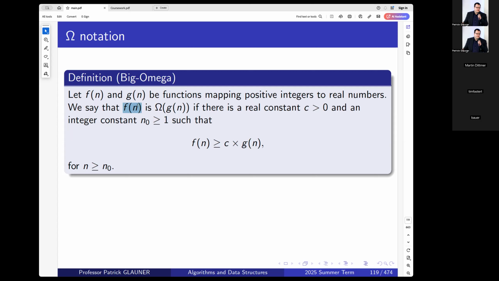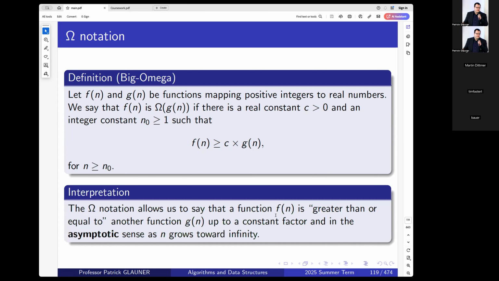We say f of n is big omega, or just omega, of g of n, if there's a real constant c that must be greater than 0, and an integer constant n0 that is greater than or equal to 1. All we flip here is we say f of n is greater than or equal to c times g of n. So now f of n is above c times g of n, not below it, for all n starting at that threshold.